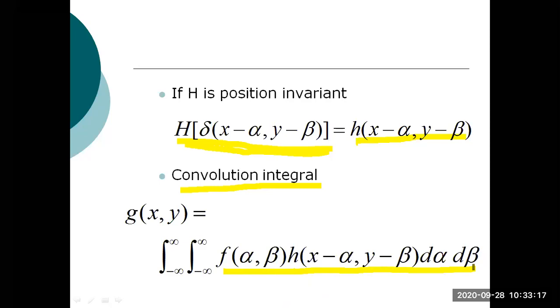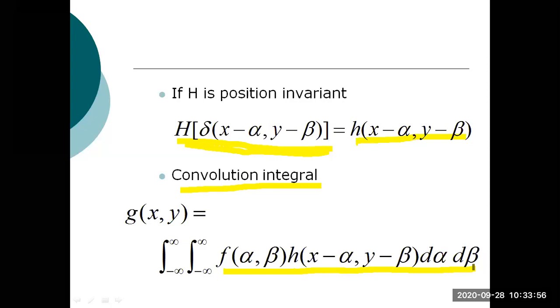The output g of x comma y is the convolution of two functions, f of x comma y and h of x comma y. Let us consider our impulse response of the system h of x comma y is also an image, and the input function f of x comma y is also an image. If you convolve these two images, you will get another image g of x comma y.